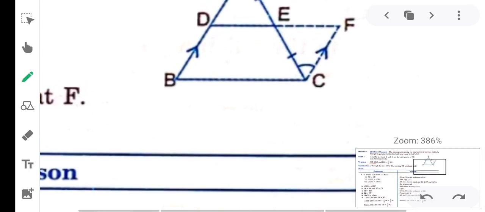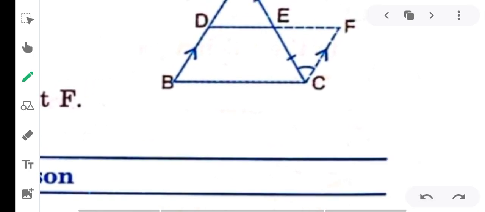Because we have already proved that CF equals BD and they are also parallel, so these two are parallel and equal.